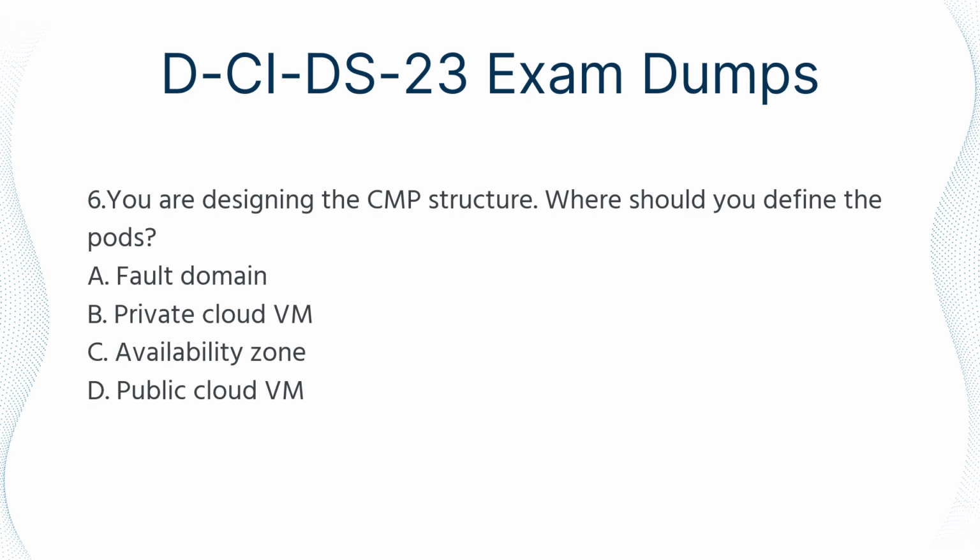Option B, private cloud VM, is more related to the deployment of virtual machines within a private cloud environment and is not typically where pods are defined in a CMP architecture. Option D, public cloud VM, similarly refers to the deployment of virtual machines within a public cloud environment and is not where pods are typically defined in a CMP architecture.